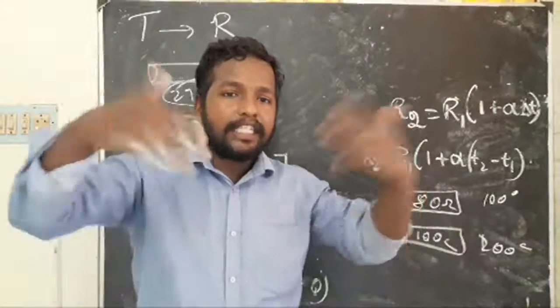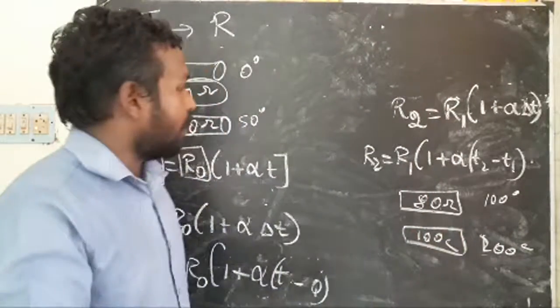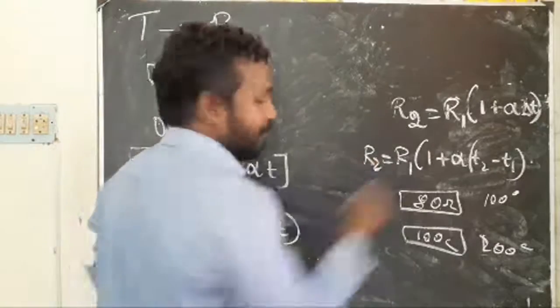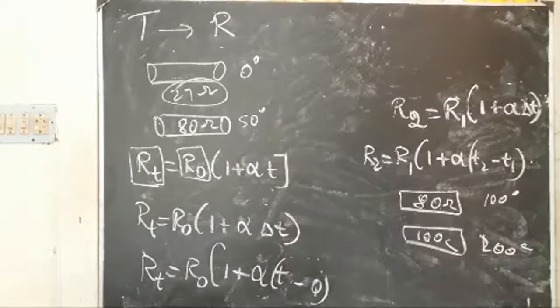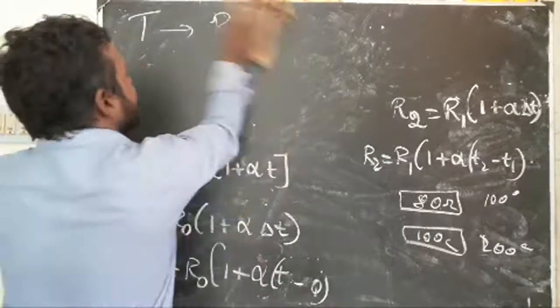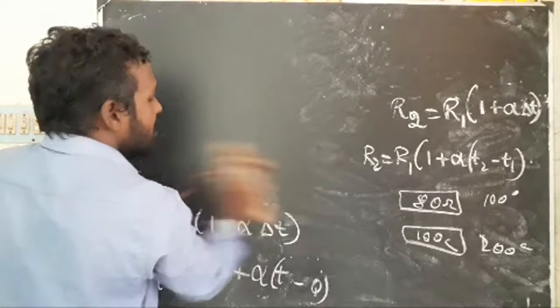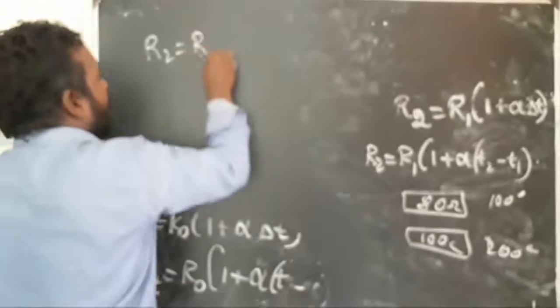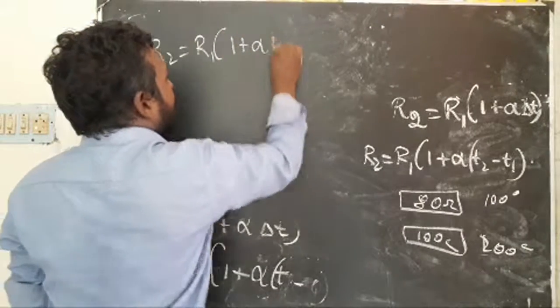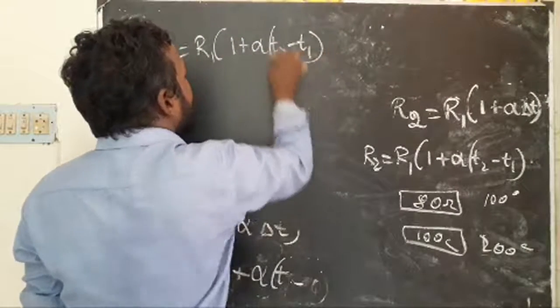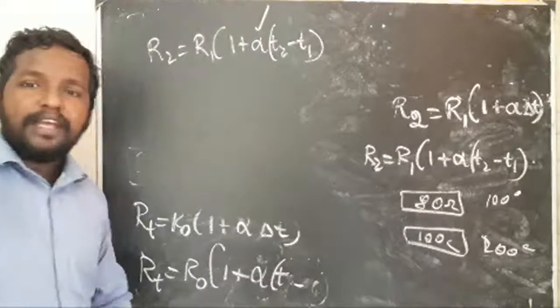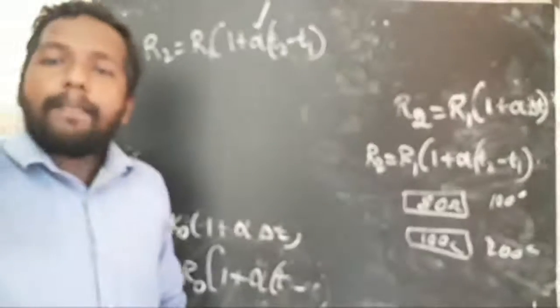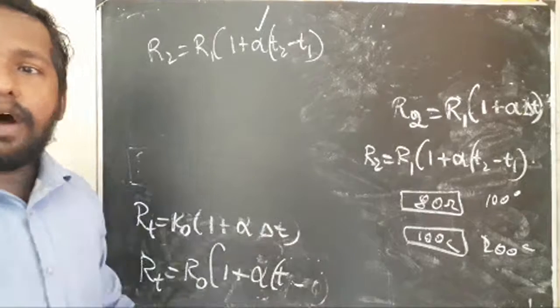If you want the alpha formula, you have to modify this equation, which I am going to do now. R2 is equal to R1 (1 plus alpha (T2 minus T1)). We are going to find alpha. Alpha is the temperature coefficient, which is a constant for a material. We have a table for this also.